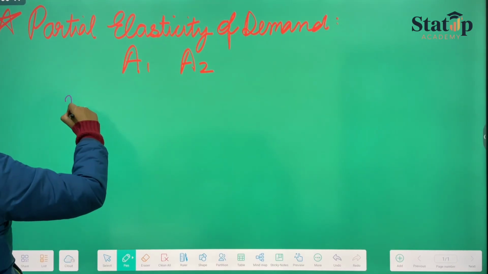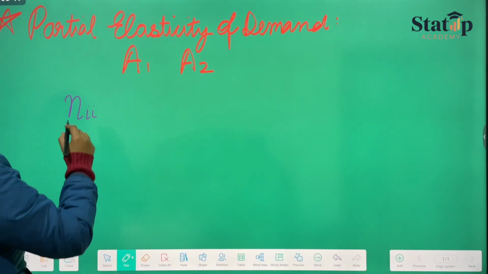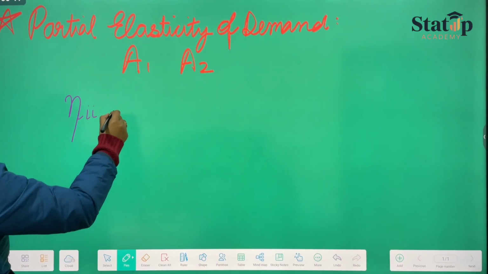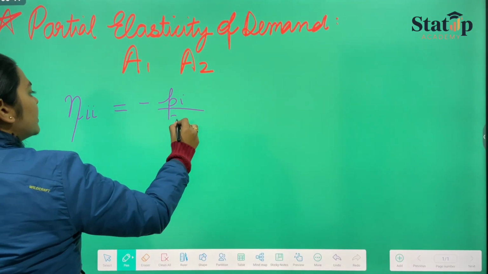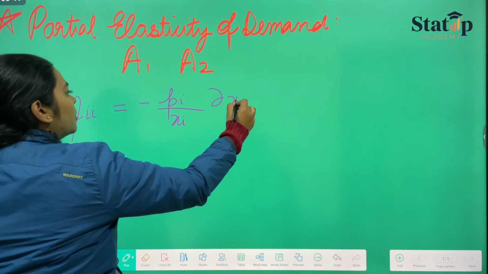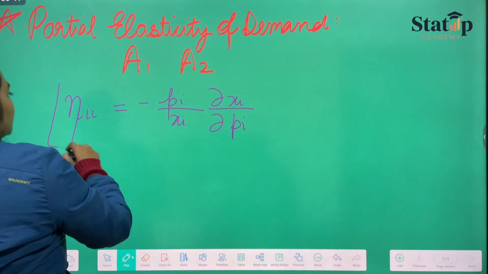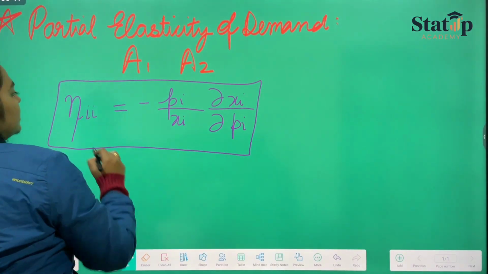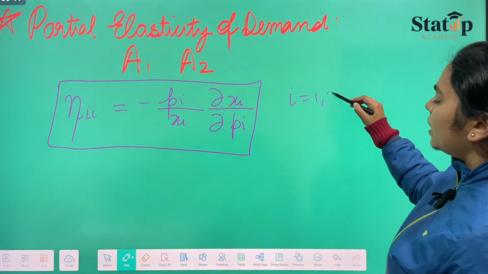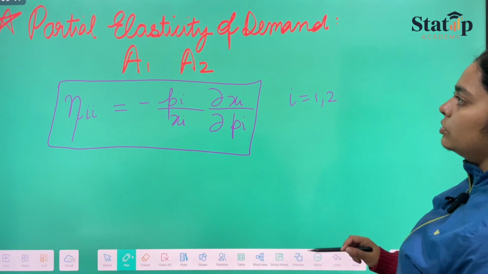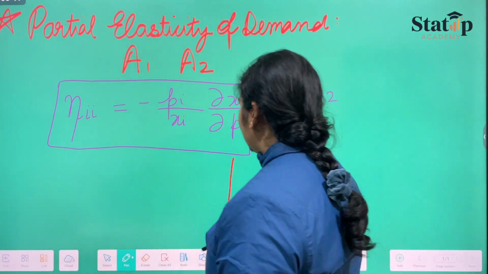In general, the formula for price elasticity, or partial elasticity of demand, is given by eta ii equals minus pi upon xi, differentiation of xi with respect to differentiation of pi. This is known as the partial elasticity of demand, where i can take two values, one or two: one for commodity A1, and two for commodity A2.